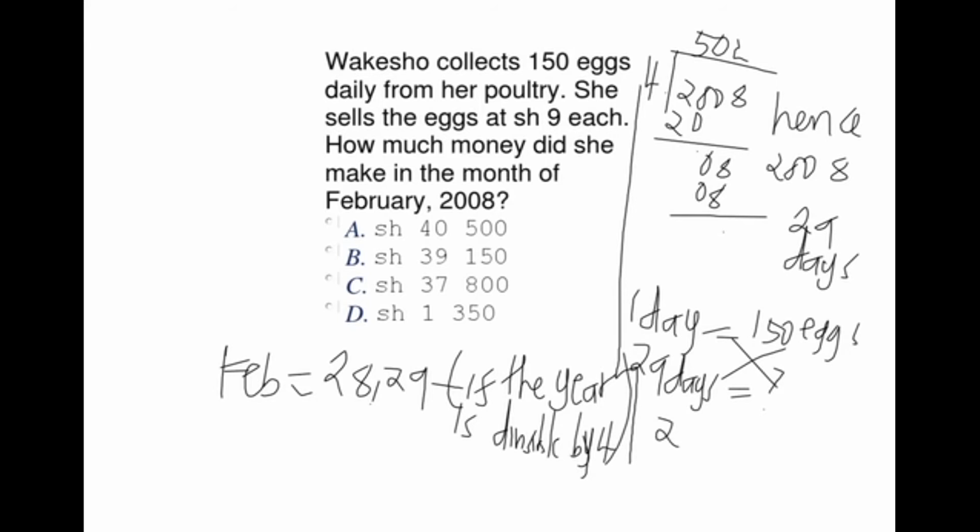So we have 29 times 150 over 1. So 29 times 150, so we have 10. Our answer will be, we will multiply by 10. So we have 9 times 5 is 45, so we carry 4. 5 times 2 is 10, plus 4 is 14. 1 times 9 is 9, 1 times 2 is 2.